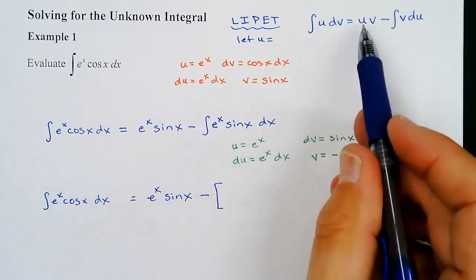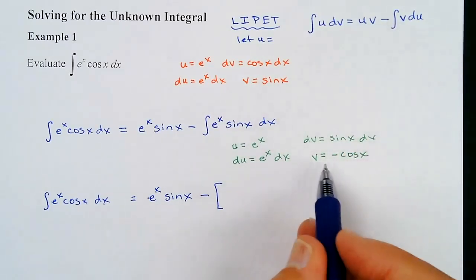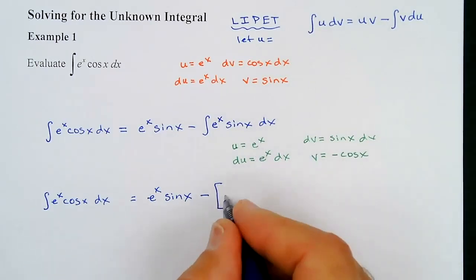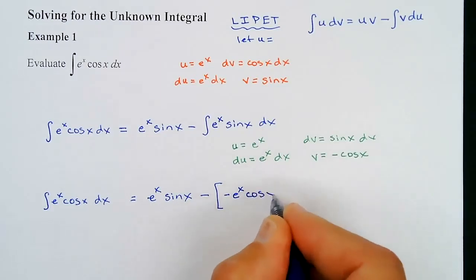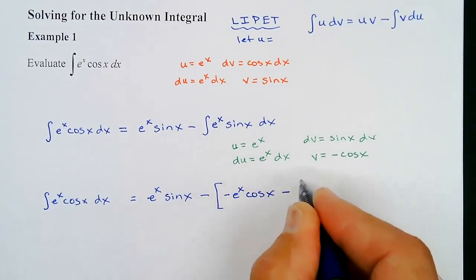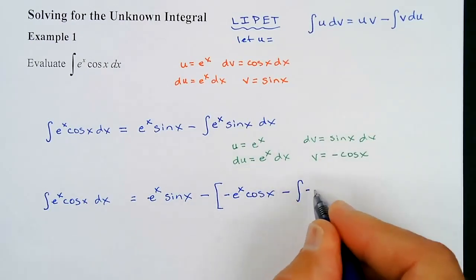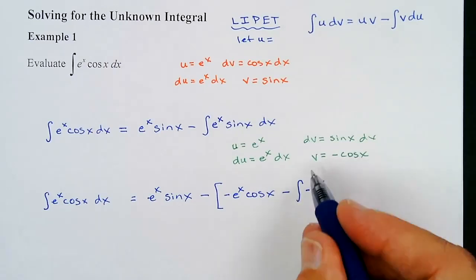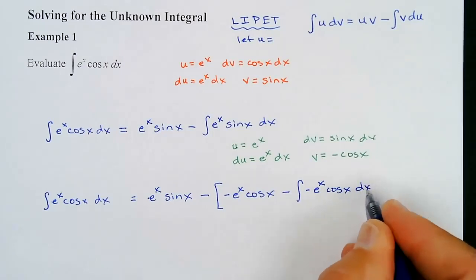Well, that integral, we're going to use uv minus the integral of v du. So u times v would be negative e to the x cosine x minus the integral of v du. So that would be negative e to the x cosine x dx.